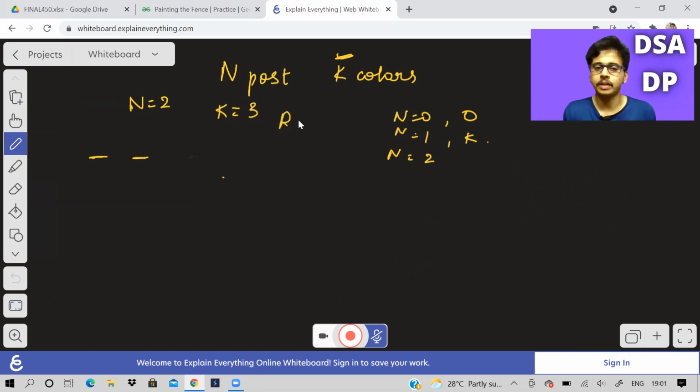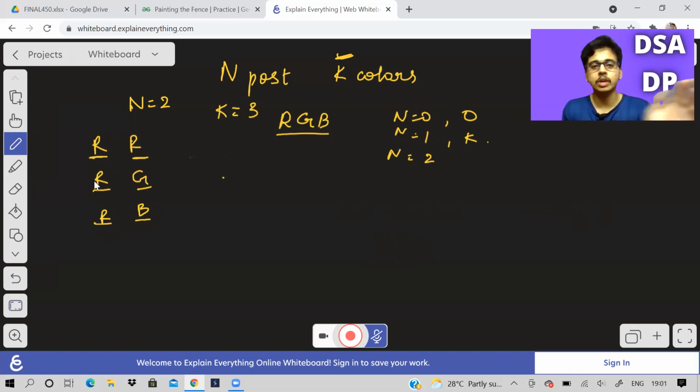I have three colors RGB. Now how to paint the two posts? Consider these dash lines as posts. So I can do RR, I can do RG, I can do RB. RR is allowed because I can paint at most two consecutive posts with the same color.